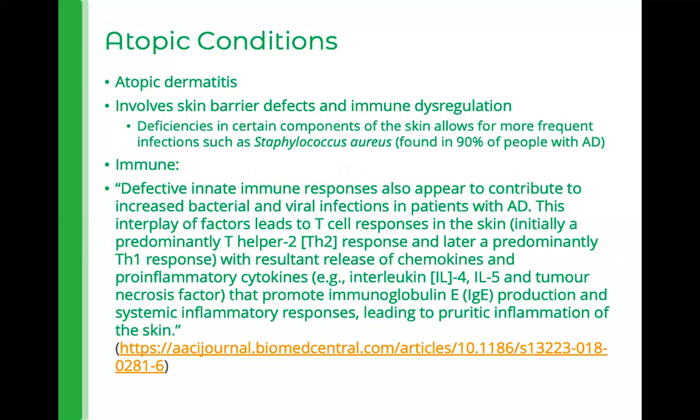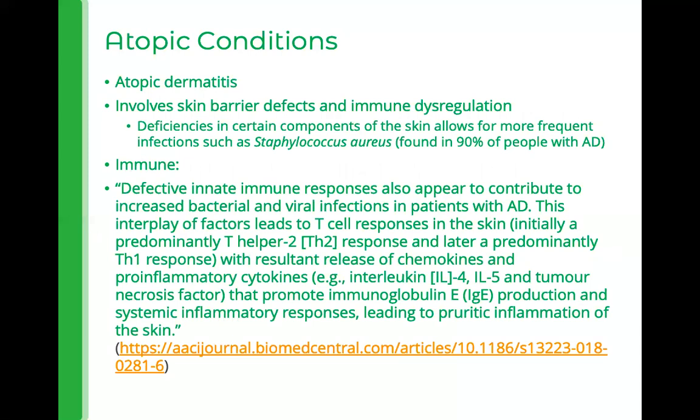And then we've just a little bit of extra stuff in there, because I thought it was really interesting that it's not just the immune dysregulation, that the skin barrier defects are really important to remember with dermatitis. The reason I focused on atopic dermatitis, which is your eczema, is that it comes before a lot of the other atopic conditions like asthma. So that's why I put it in there.